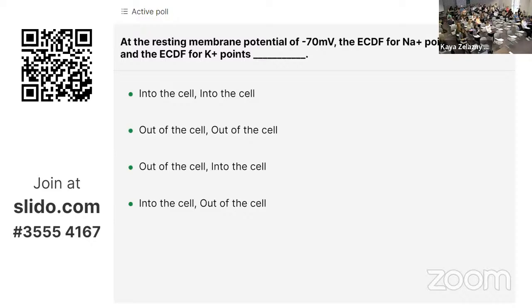We want to know for this neuron at resting membrane potential of -70 millivolts, what direction that electrochemical driving force for sodium is, and what direction that electrochemical driving force for potassium is.